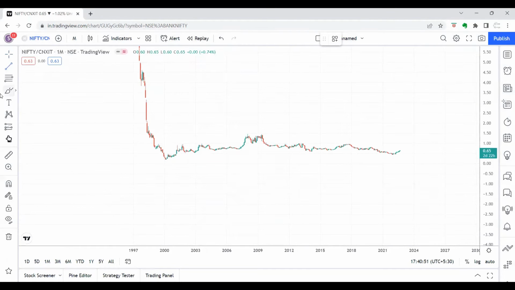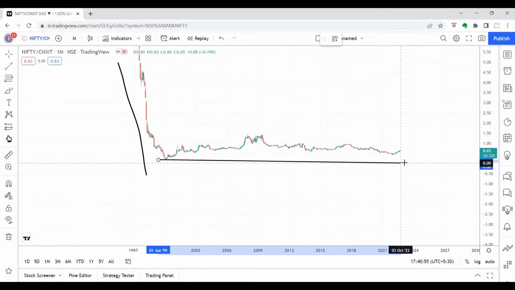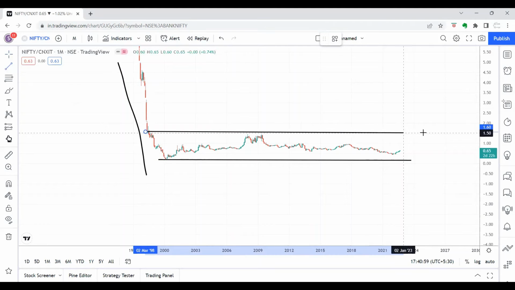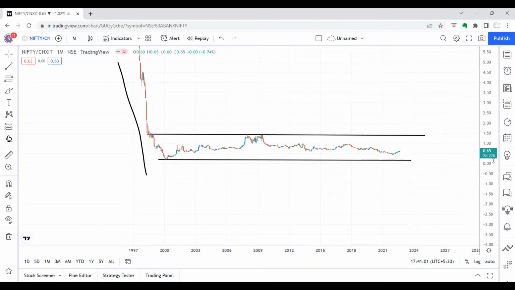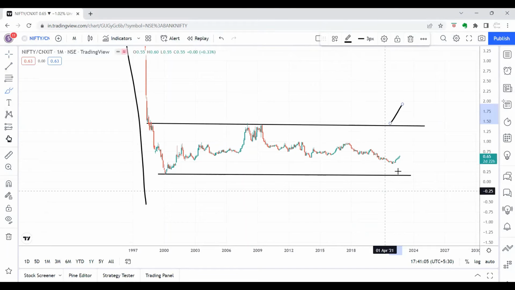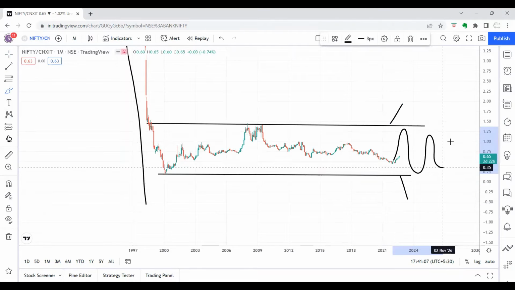this was a fall, nothing but a bearish fall, and as of now this is moving in a sideways direction. So unless we cross these ranges, this will be the trading range for Nifty IT stocks.